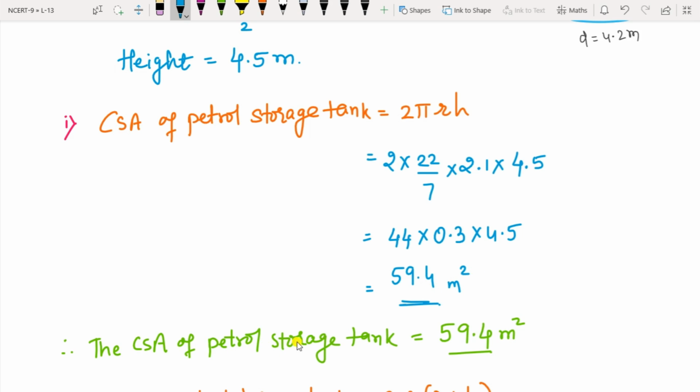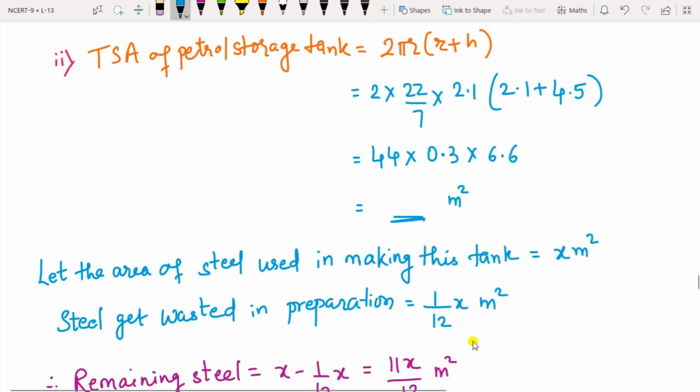That is the curved surface area of the petrol storage tank. Then find the total surface area of the petrol storage tank, that is 2πr(r + h). Substituting the values, it will be 87.12 meters square. That is the total surface area.